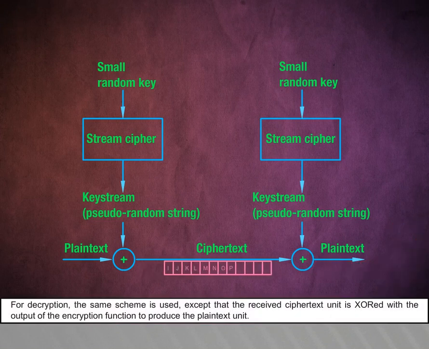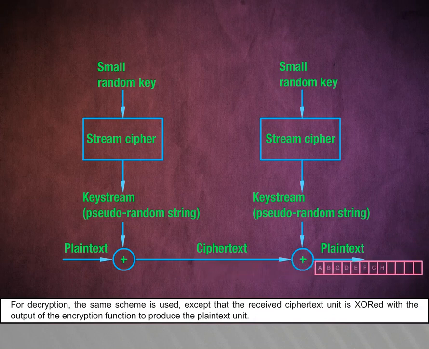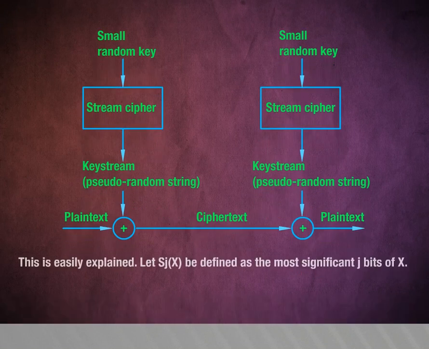For decryption, the same scheme is used except that the received ciphertext unit is XORed with the output of the encryption function to produce the plaintext unit. This is easily explained. Let Sj(x) be defined as the most significant j bits of x. Then Ci is equal to Pi XOR Sj(E(IV)).